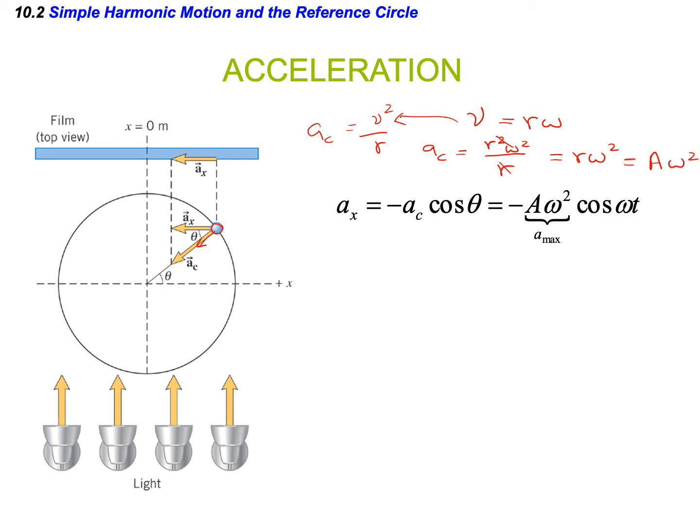So ax, the acceleration along the x direction, is your centripetal acceleration AC times cosine theta, and we get a negative sign because of the negative direction. So AC, the centripetal acceleration, is A omega squared, as we just derived. Theta is omega t. Therefore ax equals negative A omega squared cosine omega t.